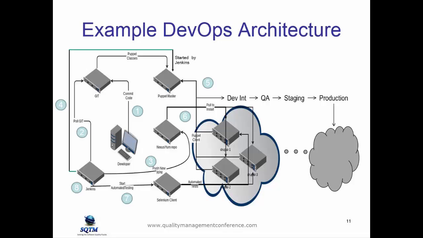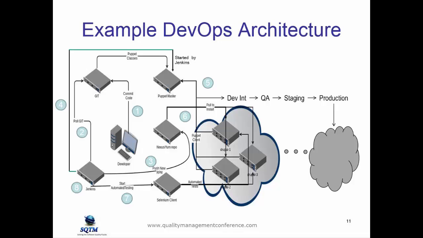Now I'm showing a series of environments here, one called DevInt, then QA, then staging, then production, to give you the concept that once you set this up, you can do this loop that I just went through, not just for a single environment, but then push it downstream and do exactly the same types of activities in further environments, doing different types of testing that are appropriate on those particular environments.